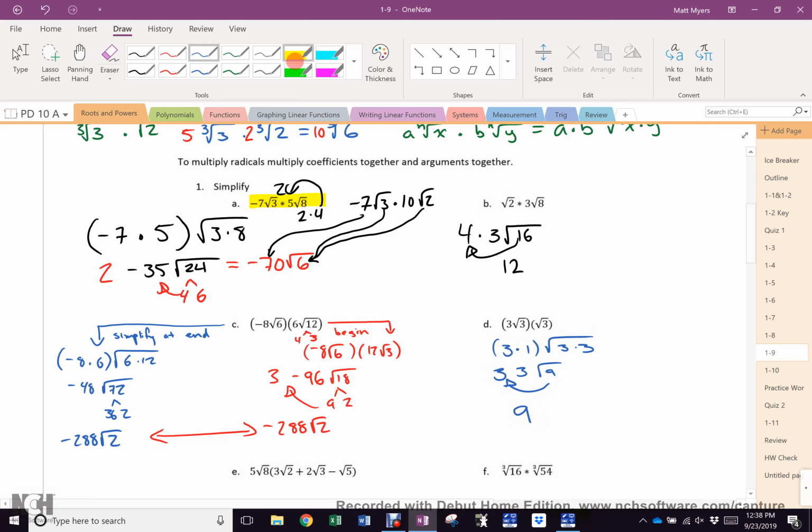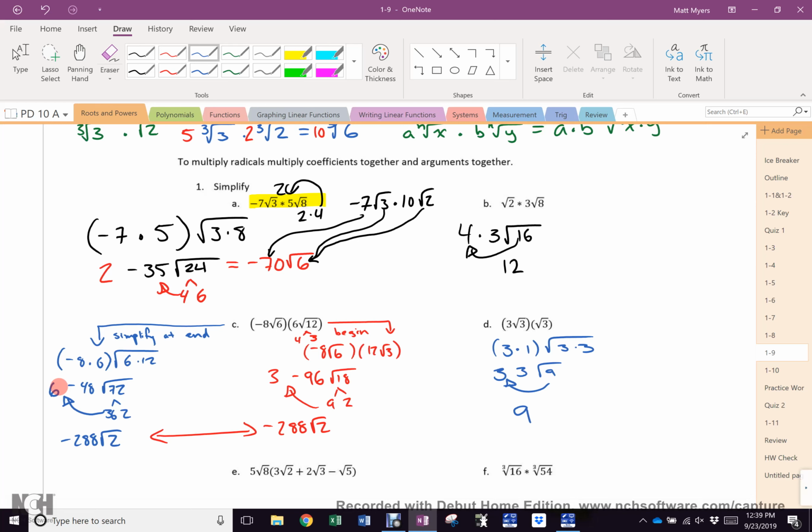Everybody should be good at C and D now. Yes? Is everybody good to D?